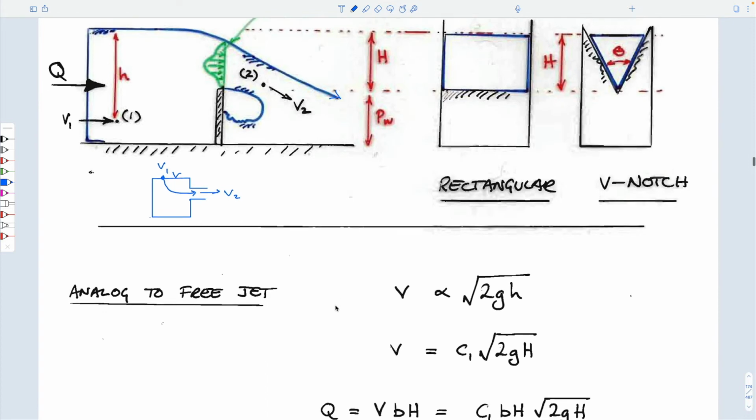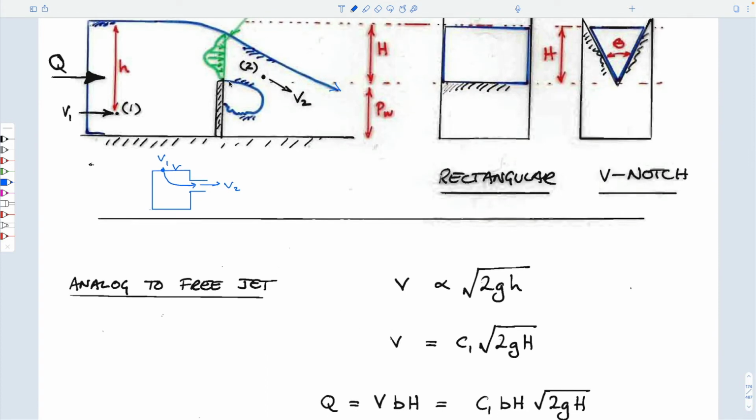And so it's not surprising then that we could characterize the velocity that occurs at this point as equal to some height. And so this velocity V2 is equal to the square root of 2gh, this would be uppercase, lowercase h, right? So we'd expect that this is proportional to that in some way as an engineering approximation.